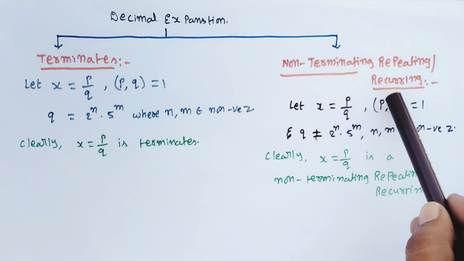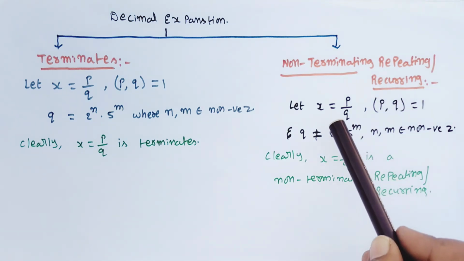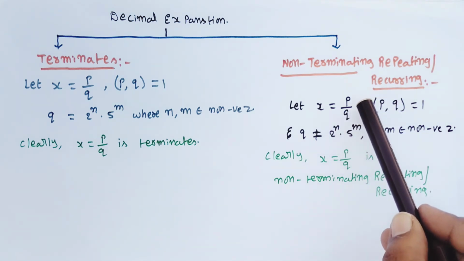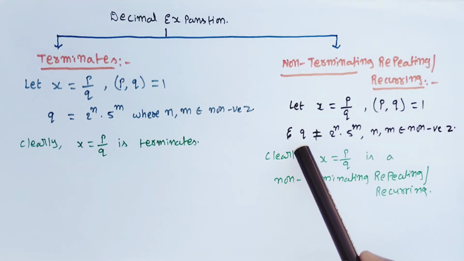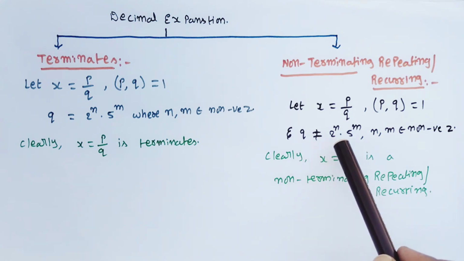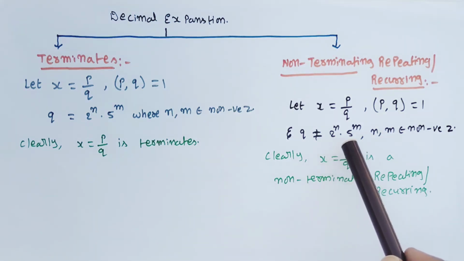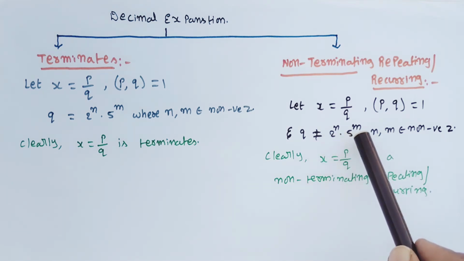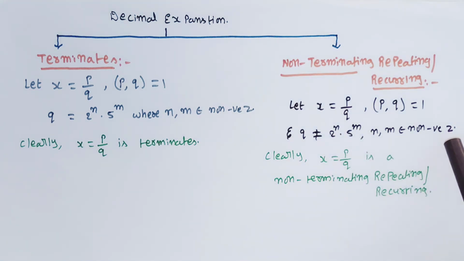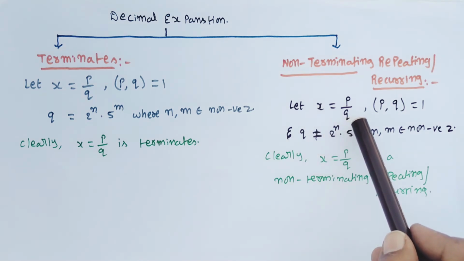Now we check the non-terminating, repeating or recurring decimal. Let x equals p by q, where p, q are co-primes, and the prime factorization of q is not in the form of 2 power n into 5 power m, where n, m belong to non-negative integers, that is whole numbers.